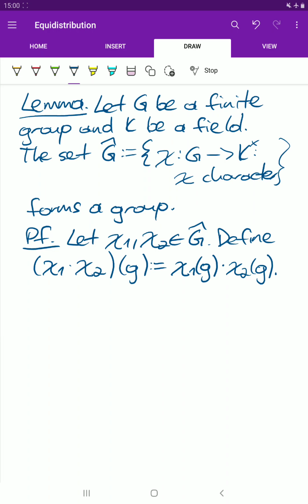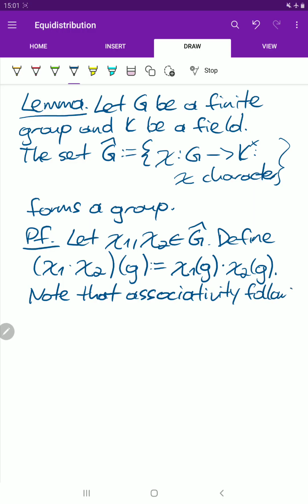So first of all, maybe note that associativity follows from the associativity in the field. So the units in the field form a group, so that's fine.